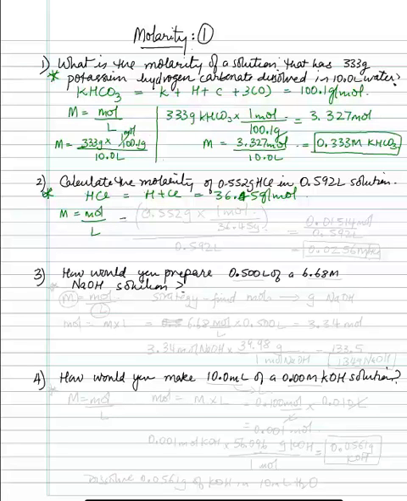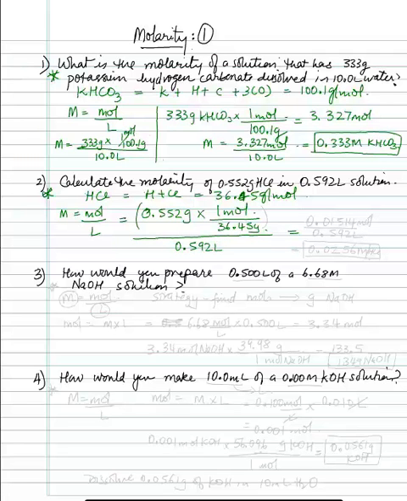So I'm going to do it the second way that I showed you, which is 0.552 grams times 1 mole over 36.45 grams, and all of that divided by 0.592 liters.